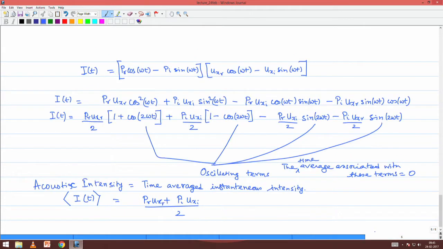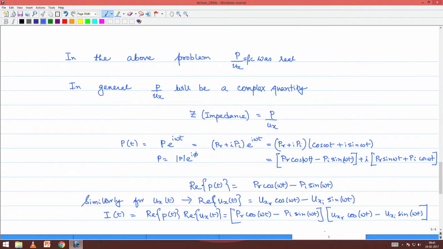When we made it general, in general there will be a complex impedance. So, even if it is a spherical wave, even if it is a cut-on wave, even if it is an evanescent wave, with any wave you can find P and u in a particular direction, and you can find the ratio of these two quantities.